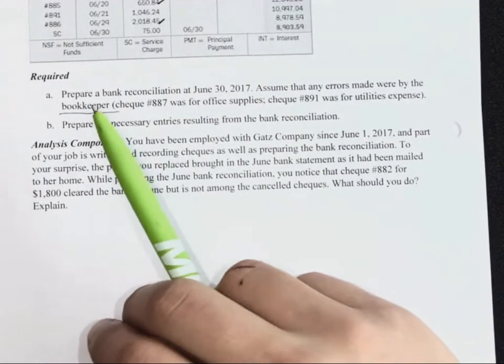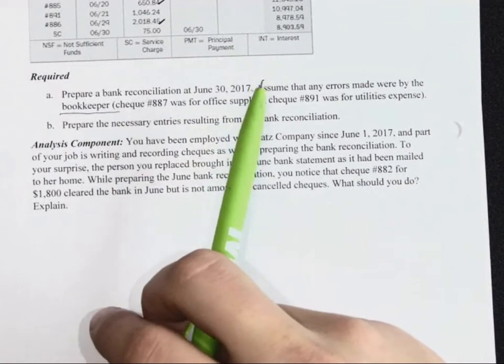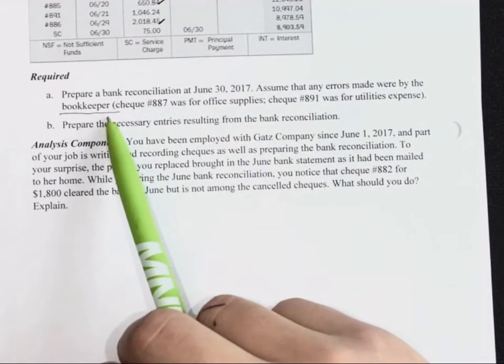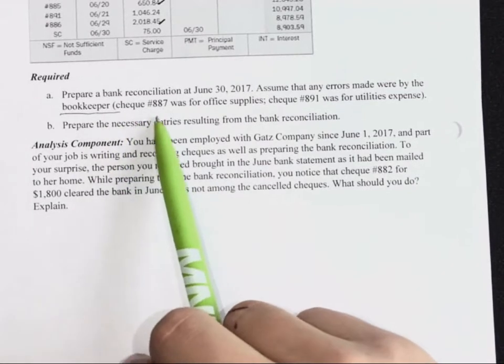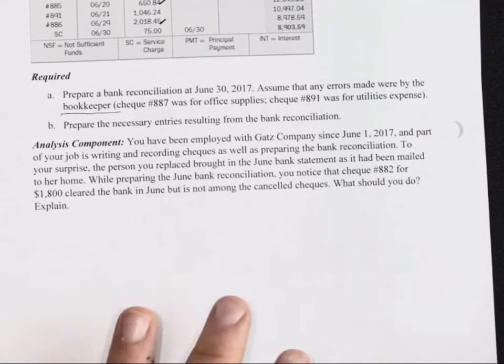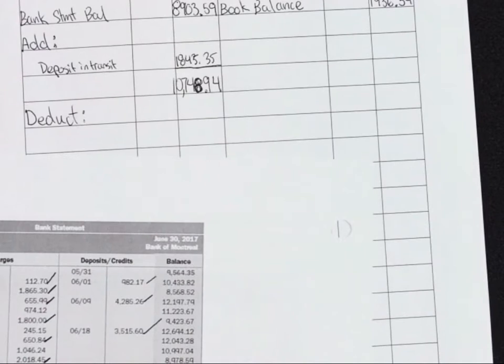So again, prepare a bank reconciliation at June 30th, 2017. Assume that any errors were made by the bookkeeper. So errors by the bookkeeper. Who could have made this error? Either the bookkeeper or the bank.